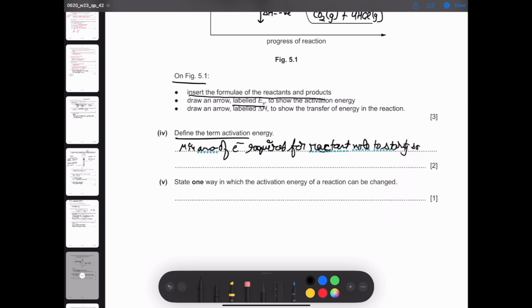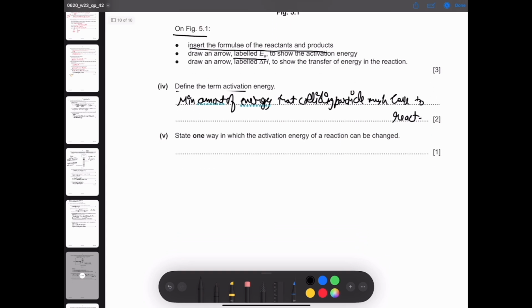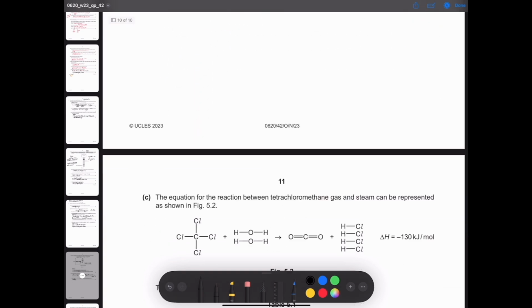Or you can mention, the better definition will be that it is the minimum amount of energy that colliding particles must have to react. Very simple. State one way by which activation energy can be changed, that is by adding a catalyst. Catalyst decreases the activation energy.